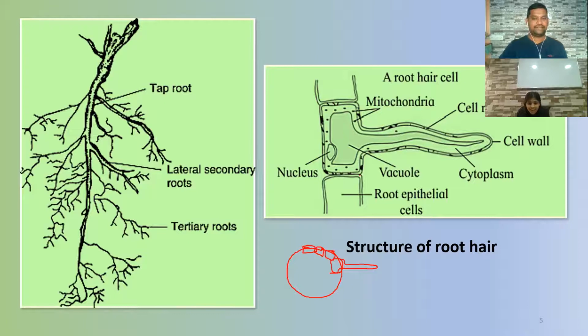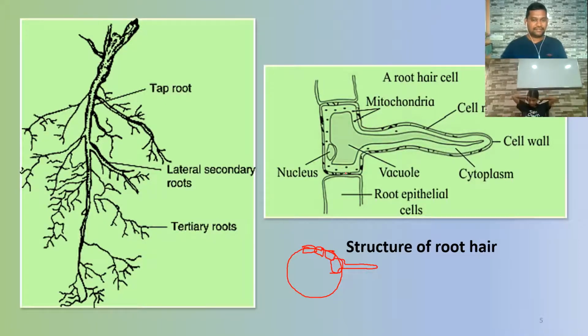That is the root hair? Yes. If you look at the microscopic view here, you can see they are very tiny branches. The cell wall of the epidermis extends and gives rise to an outgrowth in the form of a root hair.